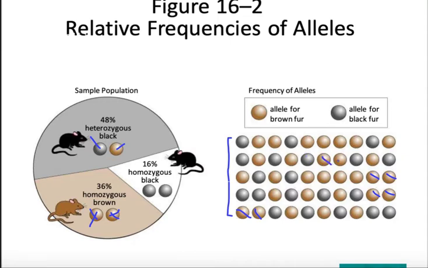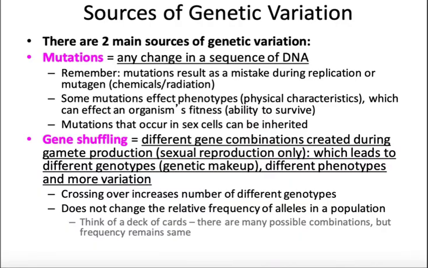Well, if this was the pattern that was being observed, over time you'd be losing out on brown fur color genes. And so the frequency of black fur color genes would be going up. Black fur color genes would be getting more common. And so that would be the start of natural selection or evolution by natural selection within those species of mice.